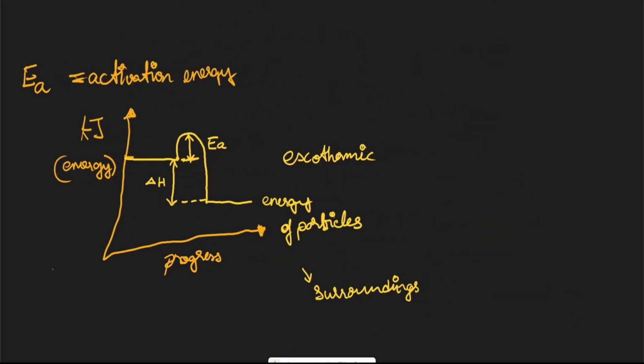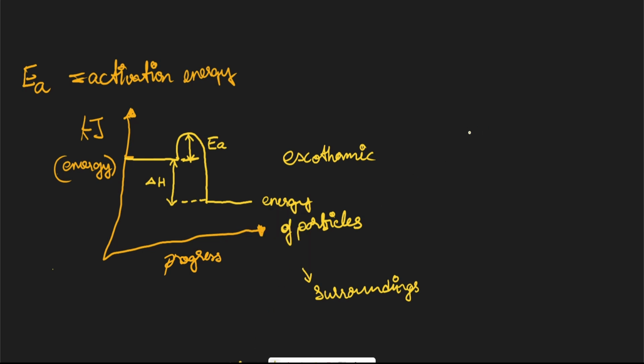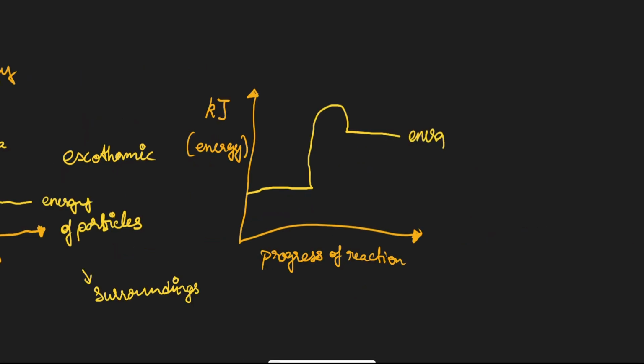If you were to look at a reaction pathway diagram for an endothermic reaction, it looks something like this. One thing you must notice is that here too there is a dip after the peak, because energy is required to form the bonds, and that energy is given out.